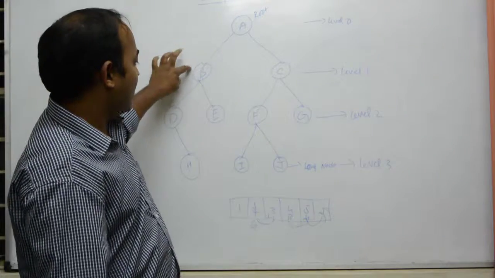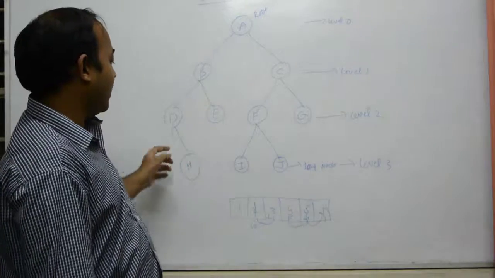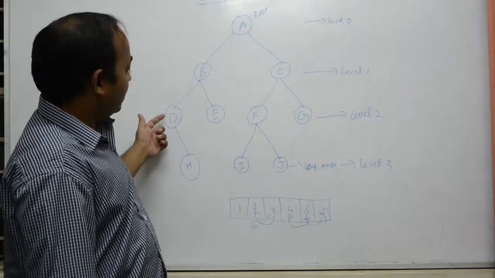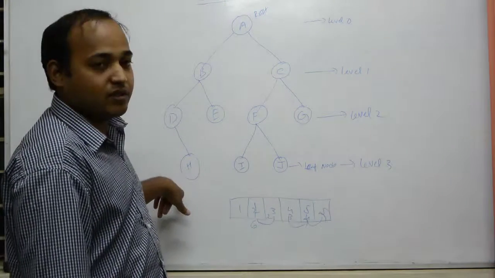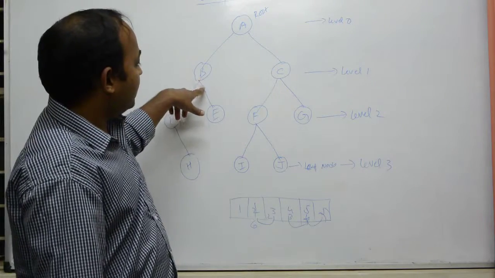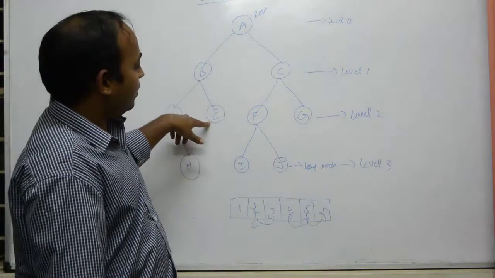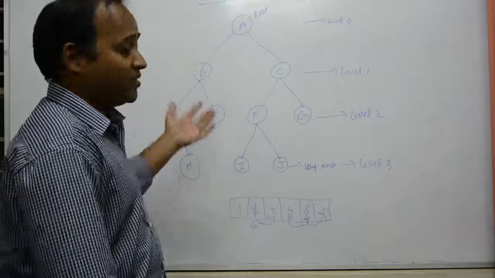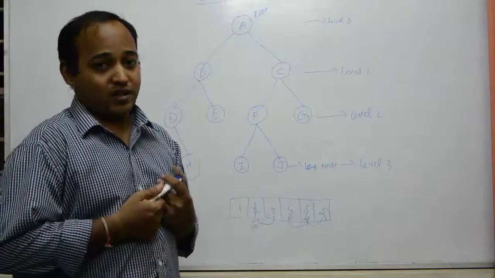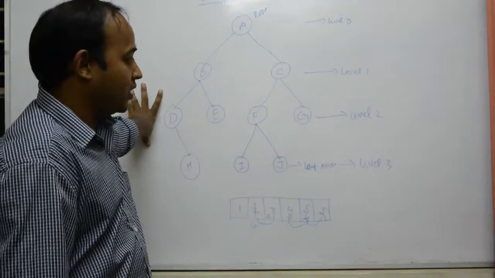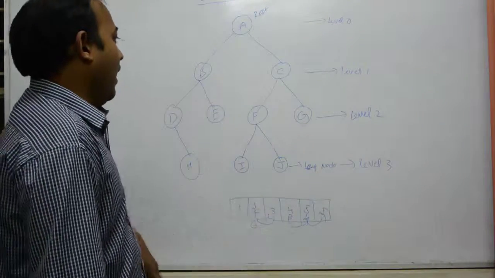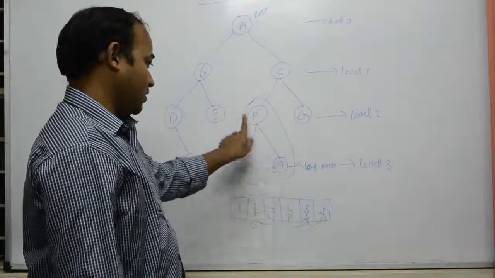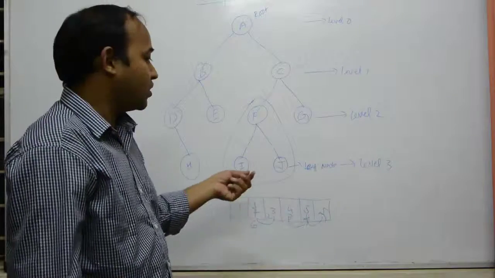So B is the parent of D and E. For any node having an edge going upwards, the node above is called the parent, so D is called the parent of H. In the same way, for the edge coming down to E, E is called the child node of B. This tree is a hierarchical structure with a depth of 4, and it has subtrees. This part we can call a subtree, because this is the root node for this subtree, and I and J are the left hand child nodes of F.